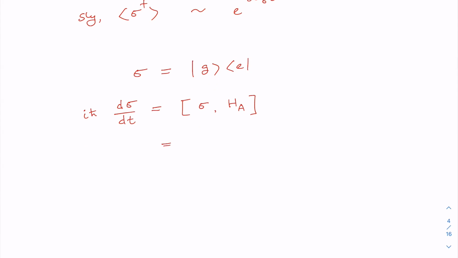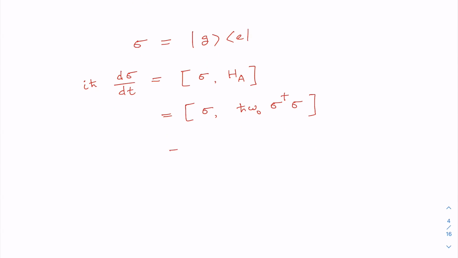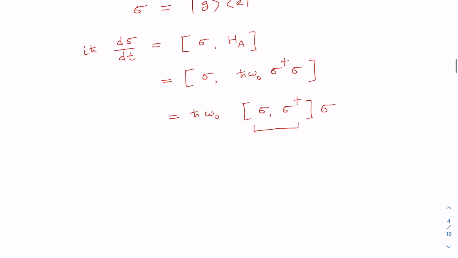Then I have sigma with h cross omega 0 sigma dagger sigma, and this would be equal to h cross omega 0 times the commutator of sigma with sigma dagger sigma. This commutation relation can be very easily worked out, and this will give you h cross omega 0 sigma.